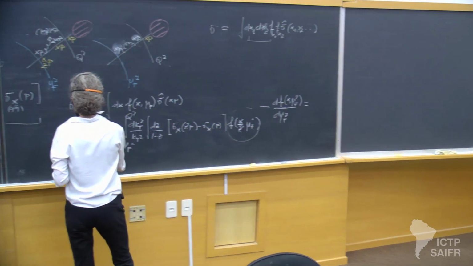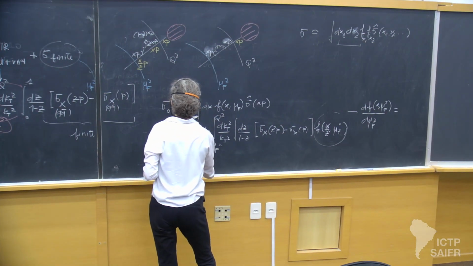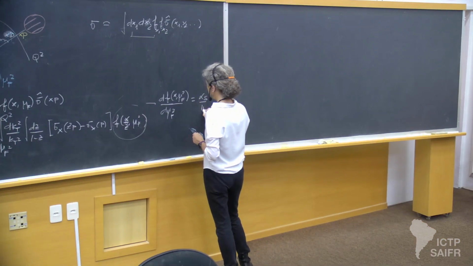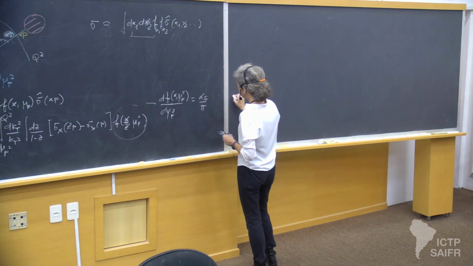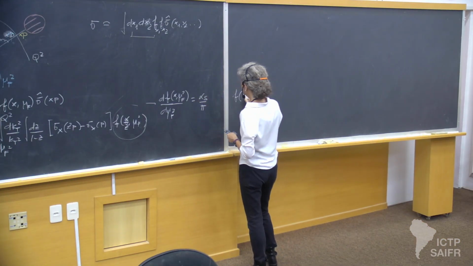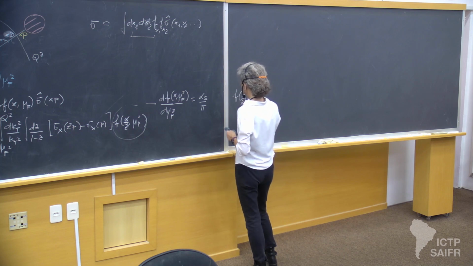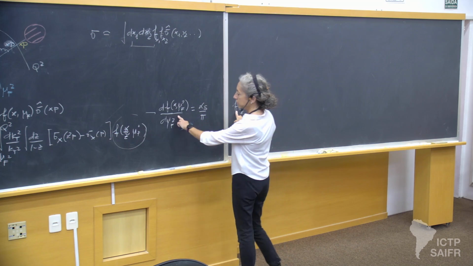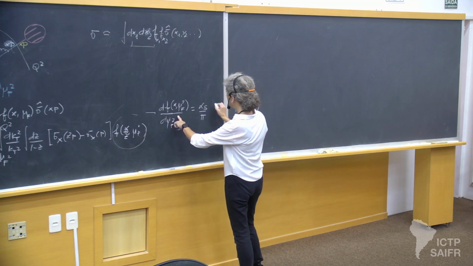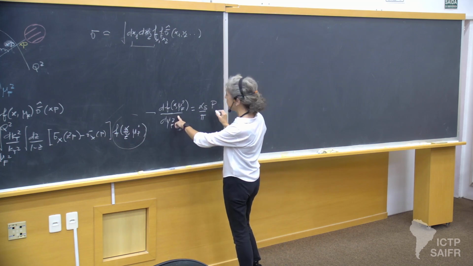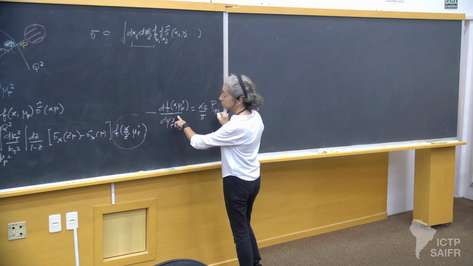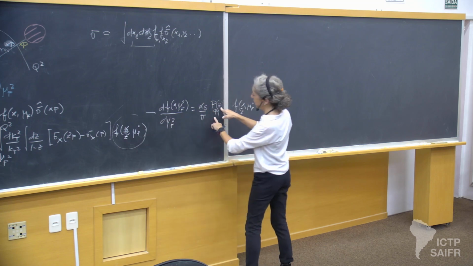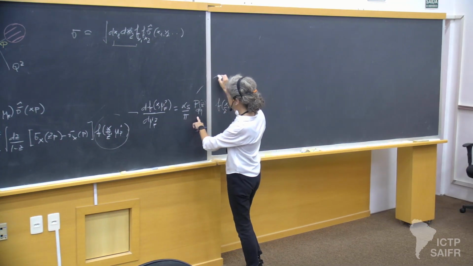Here I have omitted that there is an alpha s over pi in front as an order alpha s object that then multiplies the distribution function itself with a prefactor that is a function of z. And the prefactor in our case, I will call it a P sub qq of z. It's a function only of z.